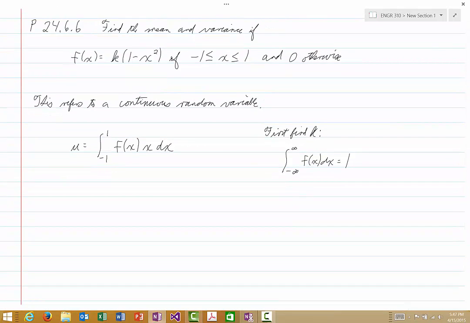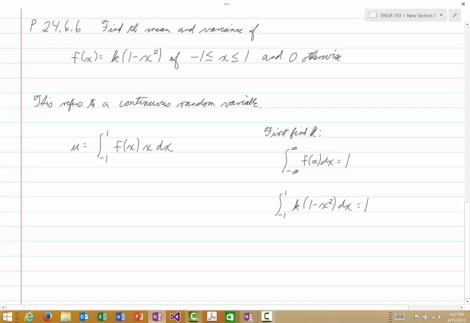Now, since little f of x is equal to 0 everywhere except between -1 and 1, this integral can be written like this: integral from -1 to 1, and in that range f is equal to k times 1 minus x squared.